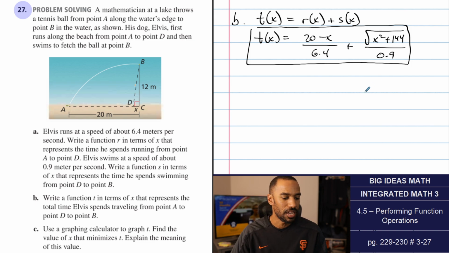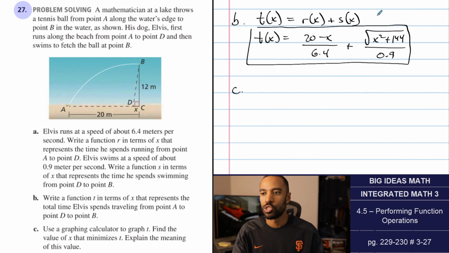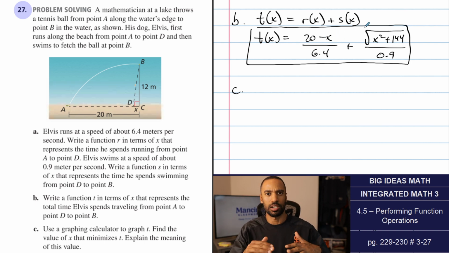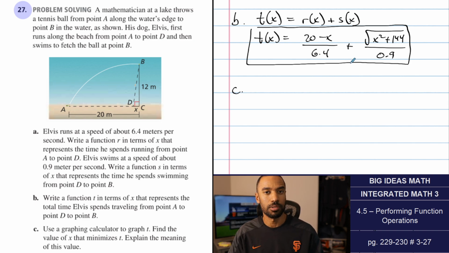All right. Part C, use a graphing calculator to graph t. Find the value of x that minimizes t. Explain the meaning of this value. So I'm sure with the square root thing going on with the negative x, it's going to do something that kind of decreases it. By the way, let's talk some domain stuff. Not because of the square root, but because x has to be less than or equal to 20 and greater than or equal to 0.